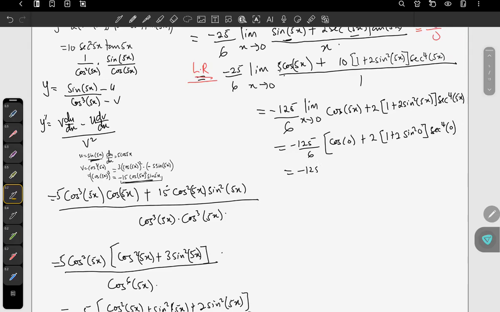And that is negative 125 over 6 times 1 plus 2. 2 times sine squared 0 is just 0. So 1 plus 0 is 1. Then sec raised to power 4 0 is 1 raised to power 4, which is 1. That's minus 125 over 6 times 1 plus 2, which is 3. And our final answer is negative 125 over 2.